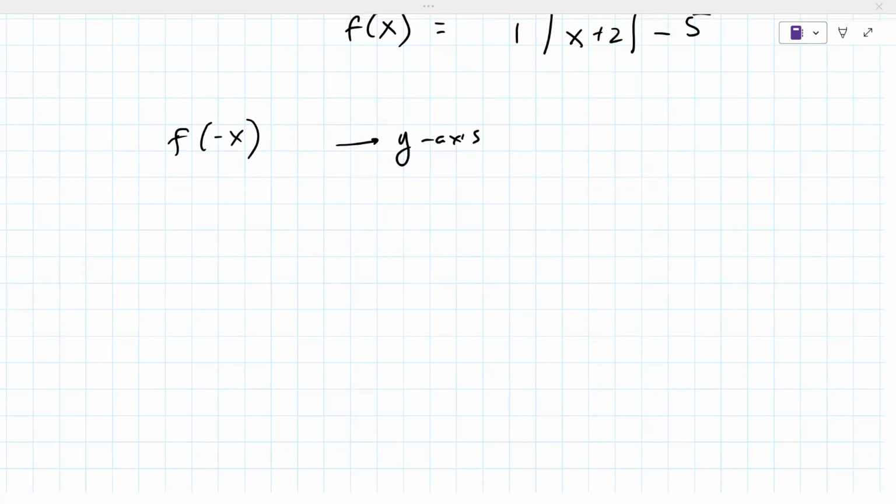f of -x minus 2, but let me see if there's something else. There is negative f of x. I mean, she still wants us to know that it is a flip over the y-axis.